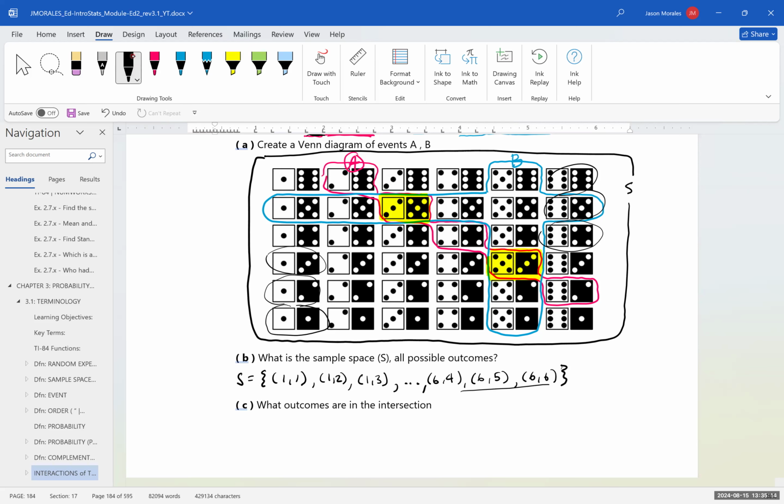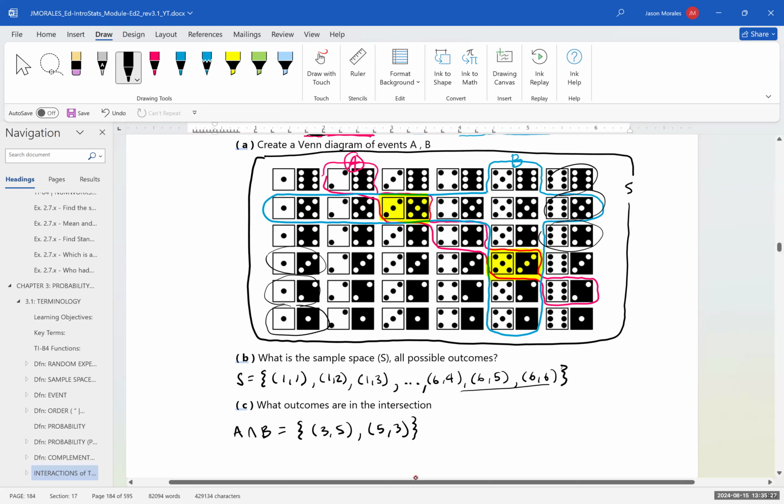So A intersect B has 3, 5 and 5, 3 in its intersection. So the order of A intersect B is going to be 2 because there are 2 elements in that set. Let me know if you have any questions.